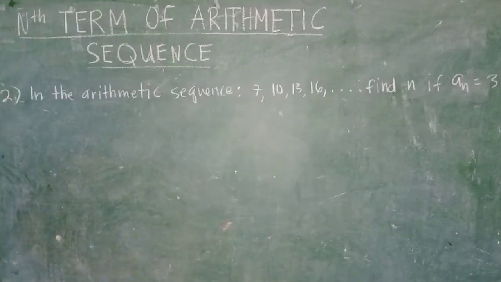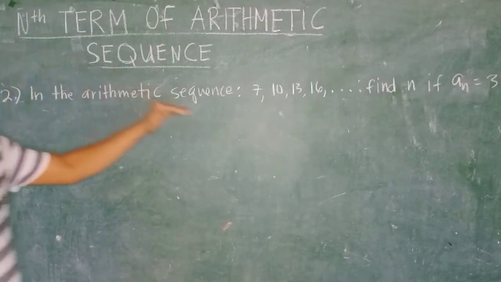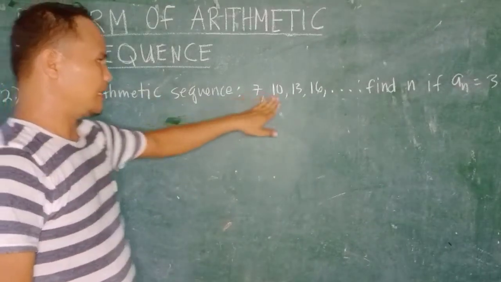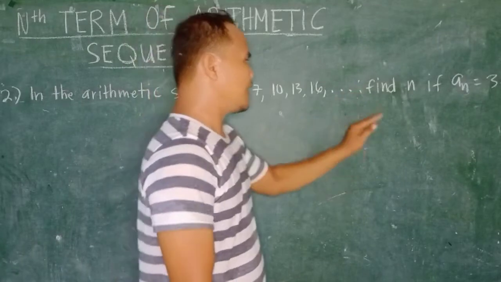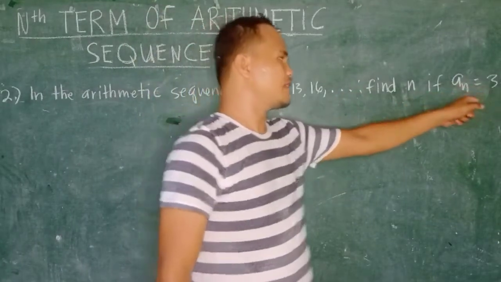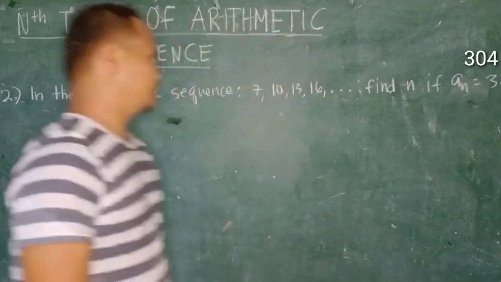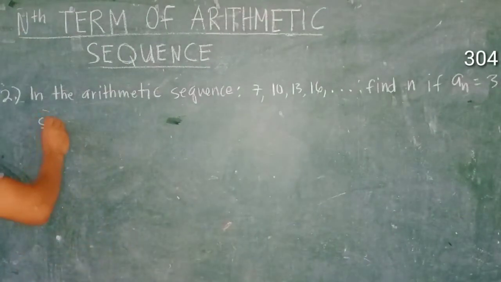Okay, example number 2. In the arithmetic sequence 7, 10, 13, 16, and so on, find n if a sub n is 304. So let us have a solution.